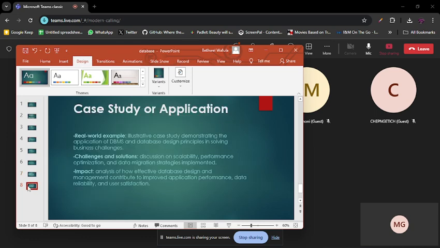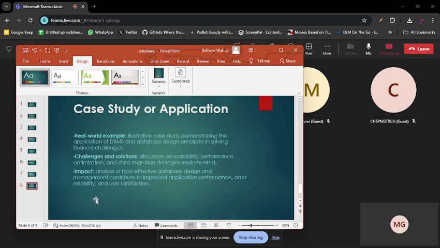So we are going to conclude with a case study or real-world example, an illustrative case study demonstrating the application of DBMS and database design principles in solving business challenges. Also, the challenges and solutions, discussion of scalability, performance optimization, and data migration strategies are implemented accordingly.